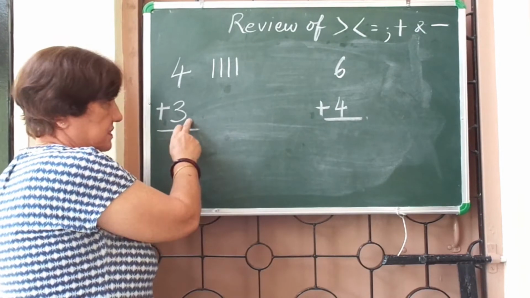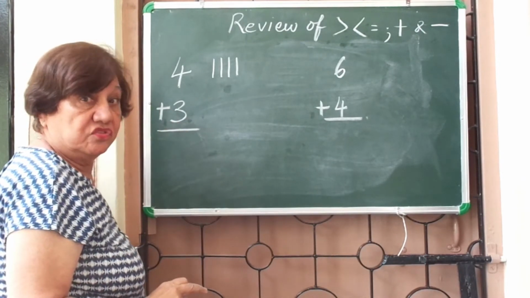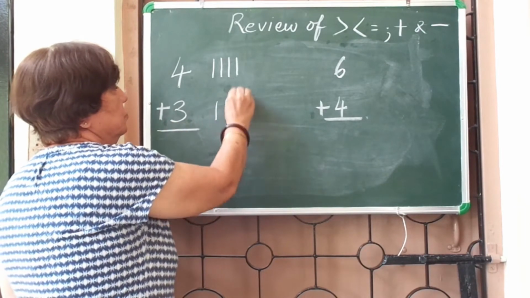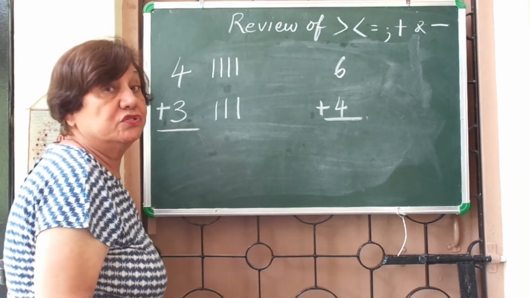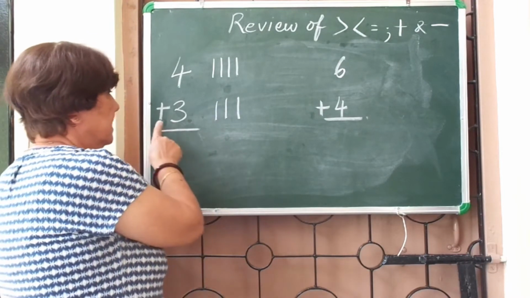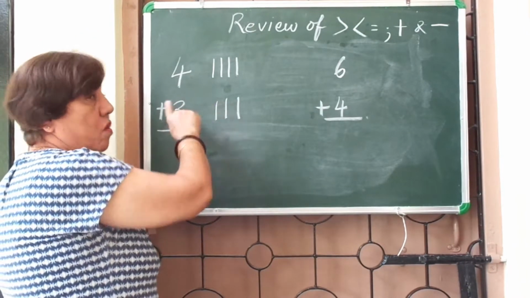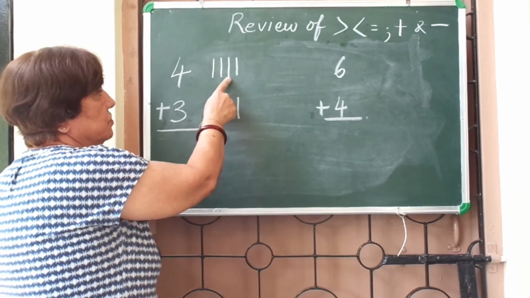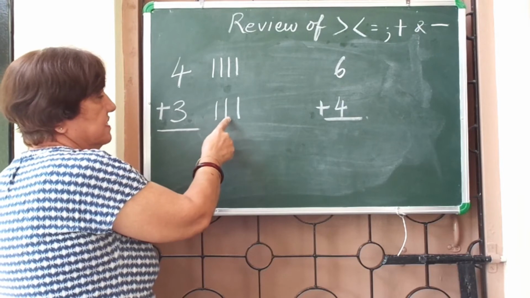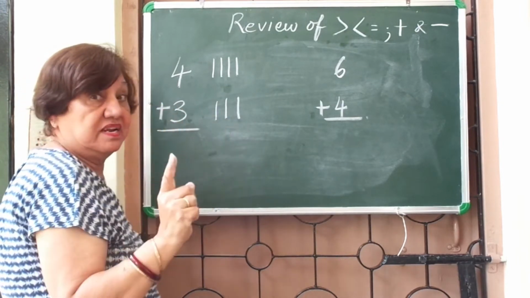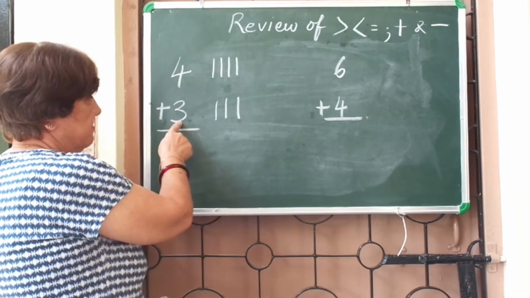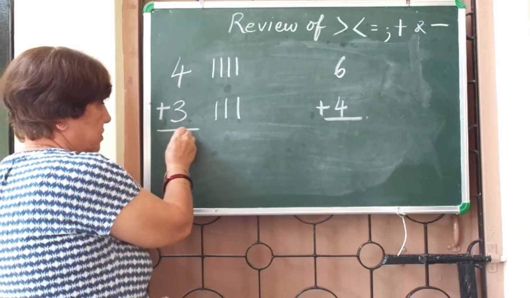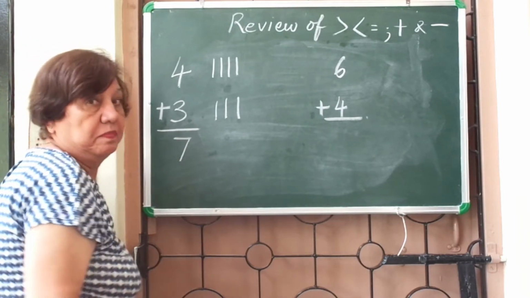Now look at this. What number is this? 3. 1, 2, 3. Now I'm going to count because there is a plus sign. All together, how many lines have I drawn? 1, 2, 3, 4, 5, 6, 7. Where will I write 7? I must write 7 under 3. So here is 7. Okay?